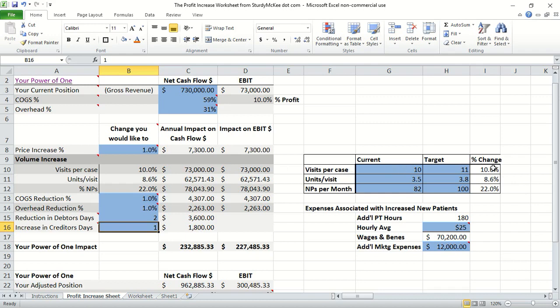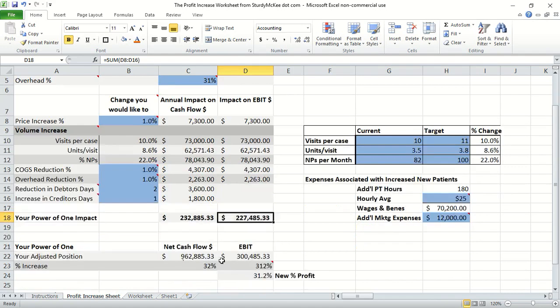$730,000 outpatient physical therapist practice at a 10% profit margin. We collect our copays better. We manage our visits per case to make sure that people are getting in and achieving their goals. We manage our units per visit to make sure that we're billing for all the time and not underbilling. We get a few new patients in, and we decrease maybe our COGS and overhead if these are priority, and we end up with an increase to our profit, not total, but increase of $227,485.